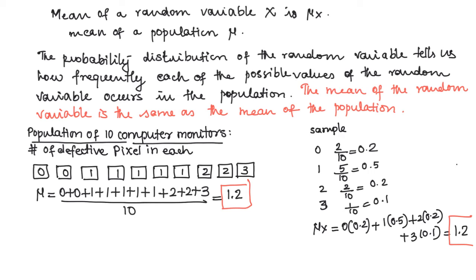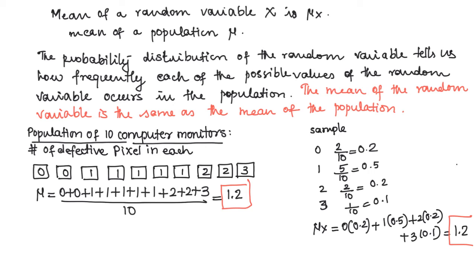This idea provides an interpretation for the mean of a random variable. If a probability experiment that produces a value of a random variable is repeated over and over again, the average of the values produced will approach the mean of the random variable. When the probability experiment is sampling from a population, our interpretation of the mean says that as the sample size increases, the sample mean will approach the population mean.